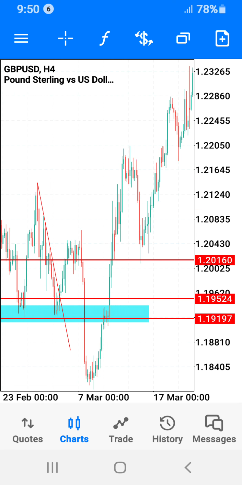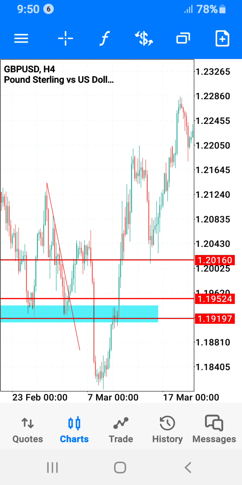It didn't give us that, so we weren't anticipating this move at all. Just let it go. The retest is either it gets broken or it gets back just like this, but it didn't give us anything here, so we were leaving it.